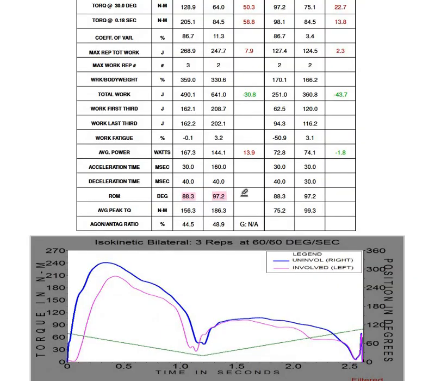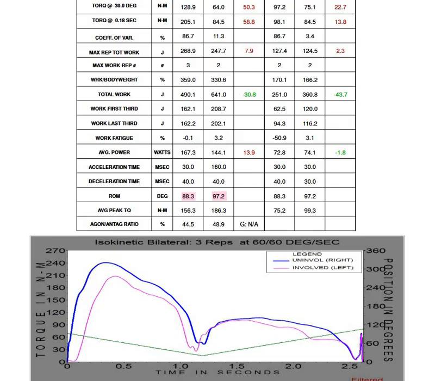Now this is very common to see in someone that hasn't had a good familiarization session, or an appropriate familiarization session, I should say. And we usually see a shortened range of motion with a more challenging test, so one that has a lower angular velocity, 60 degrees per second versus 360 degrees per second.